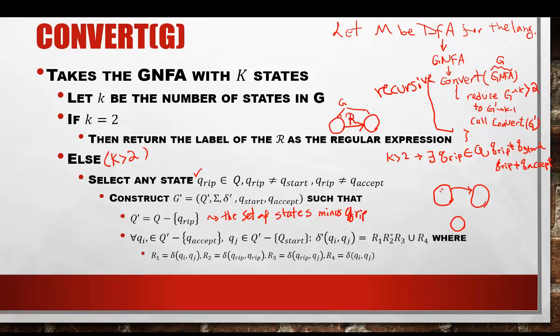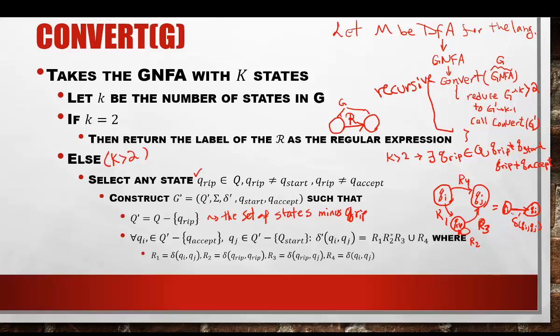We said that if this is QI, this is QJ, and this is QRIP, and if this is R4, this is R1, this is R3, and R2 is a self loop over QRIP, then when you convert this into two states like that, with only one transition going from QI to QJ, this transition will be delta prime QI comma QJ.